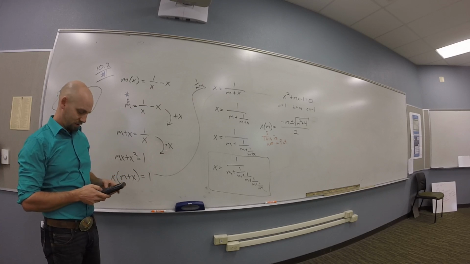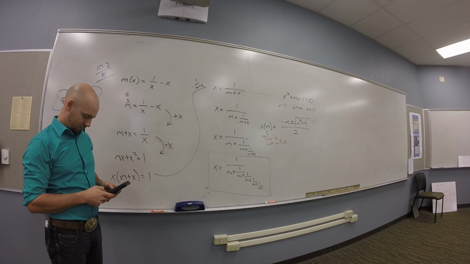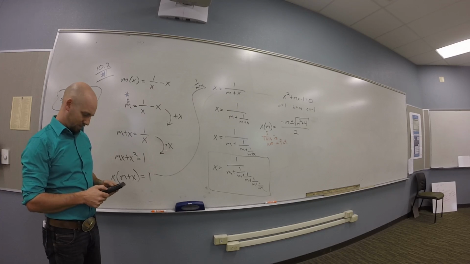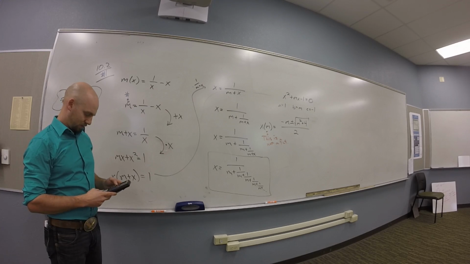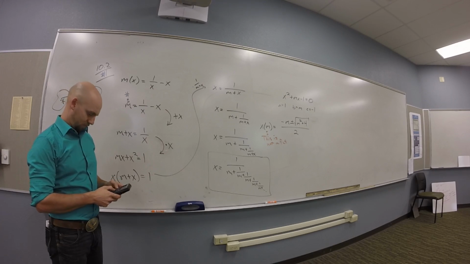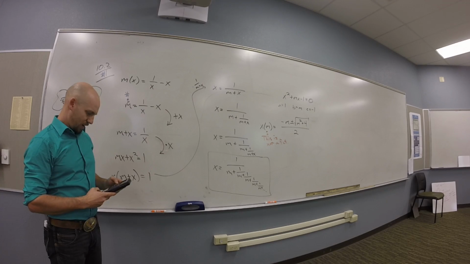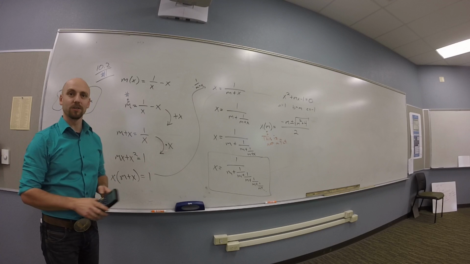Well, you have 1 over x minus x, so if it's 1 over 0, it fails pretty quick. Yep, that would be a function that fails the horizontal line test right there.